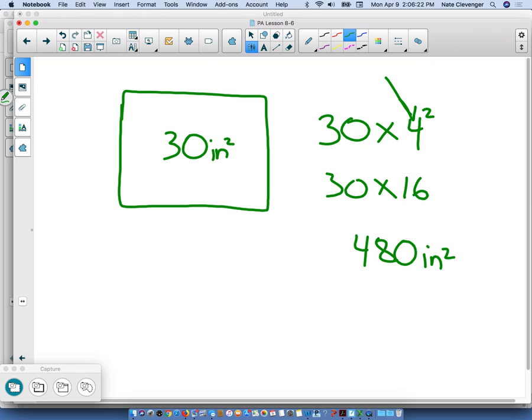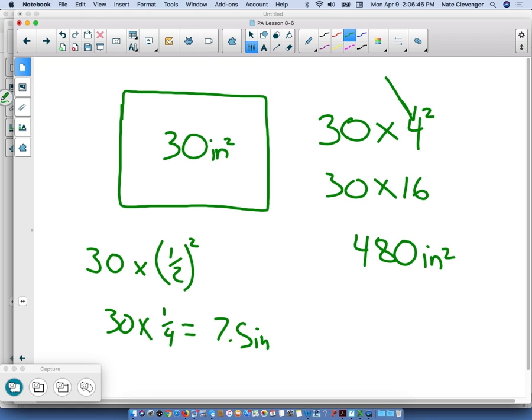If I wanted to reduce it by 1/2, then I would have taken 30 times 1/2 squared, which would be 1/4. 30 times 1/4, and then that would be 7.5, I think. 7.5. If I were to reduce it by half. Okay? So that was area.